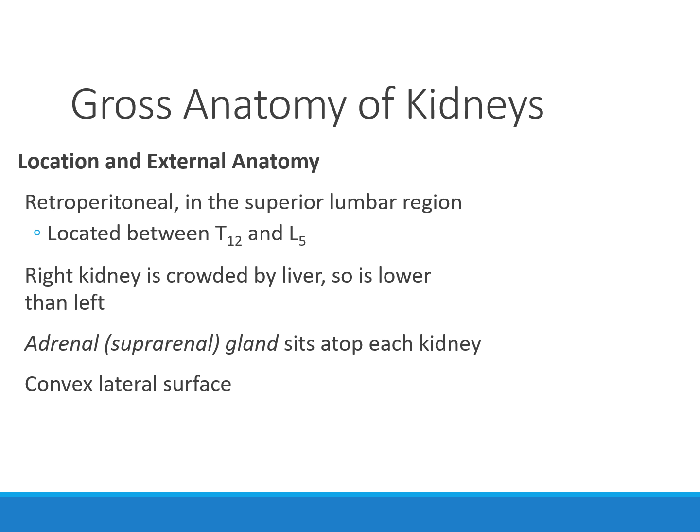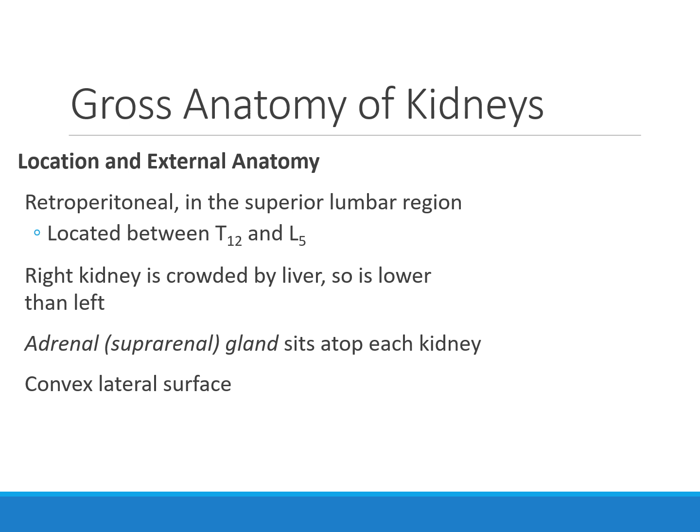So our kidneys, we're looking at the gross anatomy now. Our kidneys are referred to as being retroperitoneal. They are in the upper lumbar region of your back, located between T12 and L5. The right kidney is a little bit lower than the left kidney because of the liver. And then sitting on top of each kidney, like two little hats, are the suprarenal or adrenal glands.